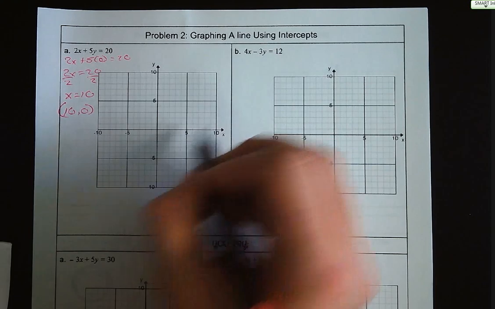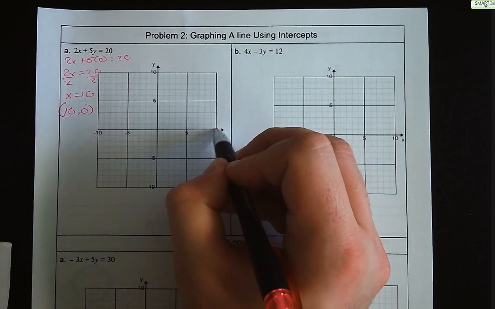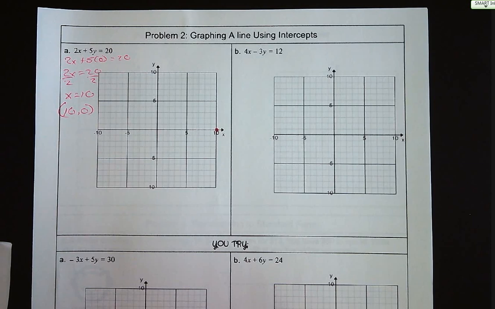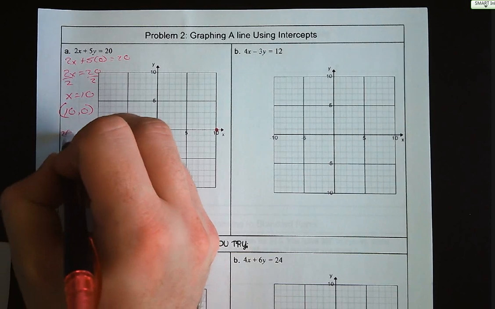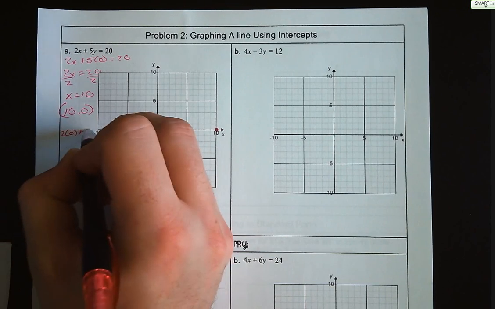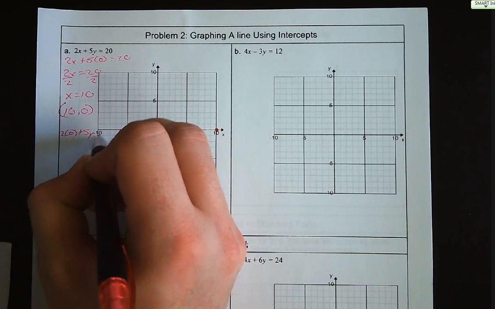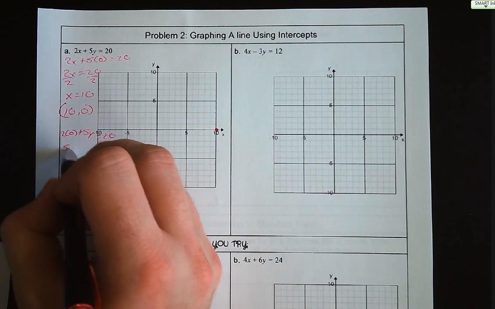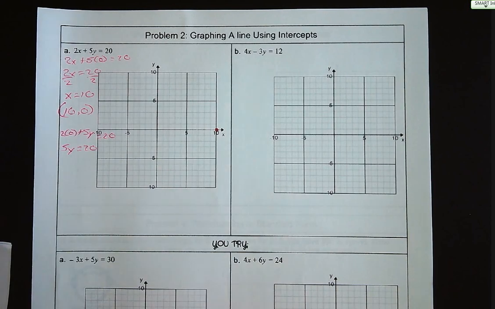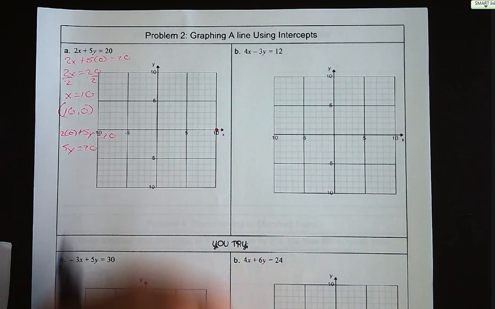So we can go ahead and graph that point right away, on the right-hand side of the page. Next up, we're going to plug in 0 for x in order to find the y-intercept. So we have 2 times 0 plus 5y is equal to 20. So 5y is equal to 20.